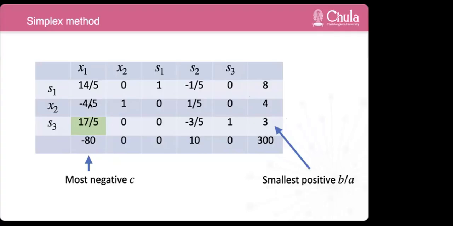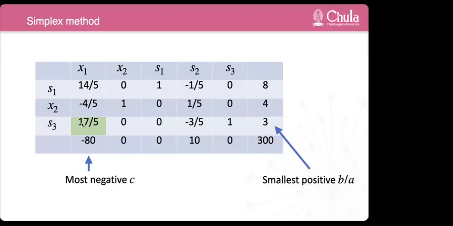We consider only positive b over a. The smallest positive. So this is the target. In the next round, x1 will be our basic variable, and we're going to remove s3 from our basic variable.